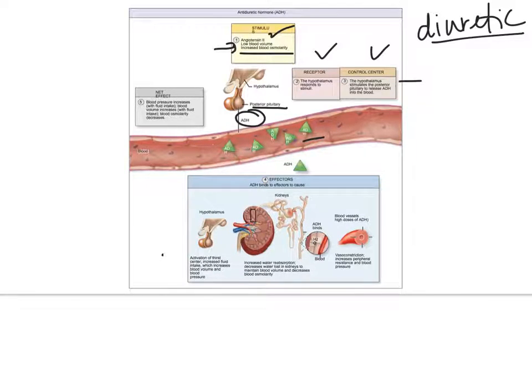So ADH is the active hormone. It makes you thirsty, so if you drink, that's going to increase your blood volume and your blood pressure. It's going to increase water reabsorption. What it's actually going to do is insert water pores so that we hold on to water.